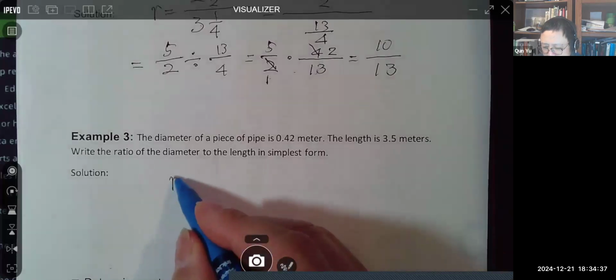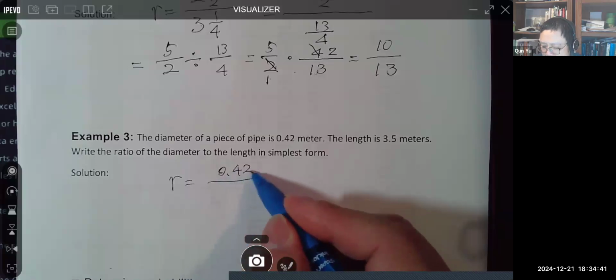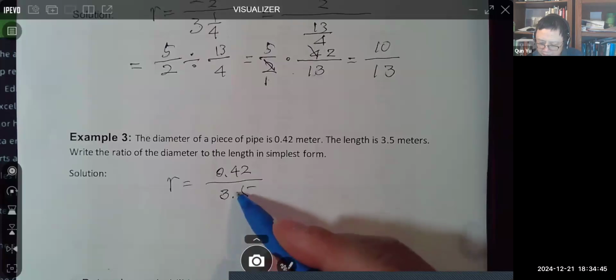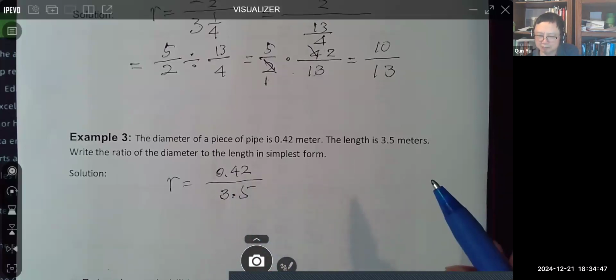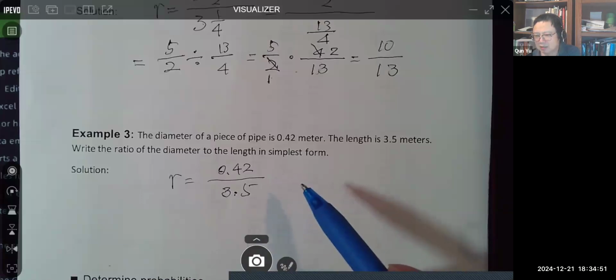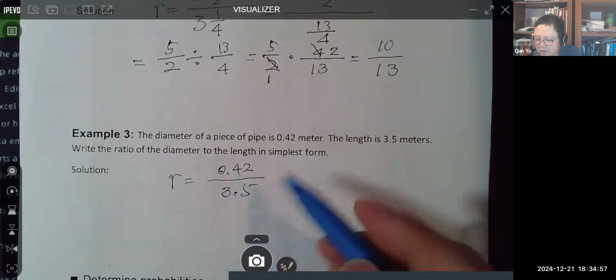In our ratio, the first one is 0.42. They're all in meters, so we don't need to write the unit. This cannot be the final answer, because a fraction by definition is composed of two whole numbers, one on the top, one on the bottom. These are not whole numbers.